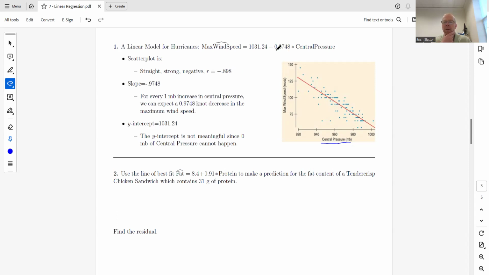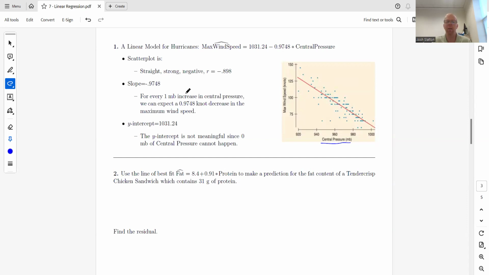So the slope is negative 0.9748. Now, whenever I teach this in a live class, I always ask, does anyone know what MB stands for? And I think I may have had one person over the years say that they did. The point is, it's not important, at least for what we're doing.